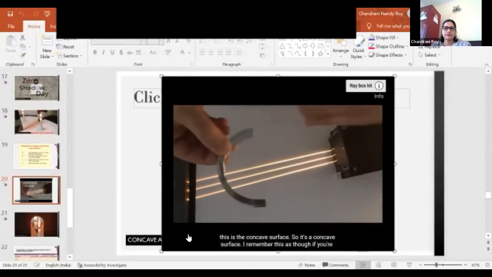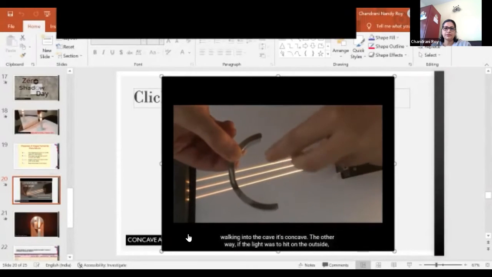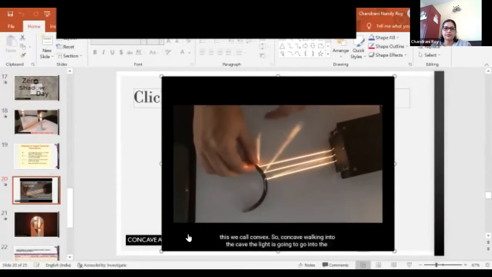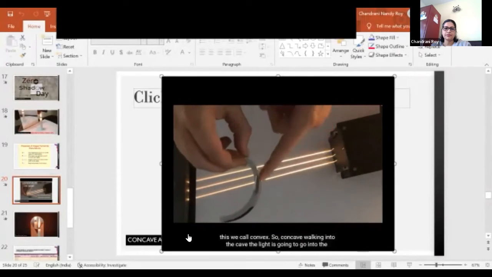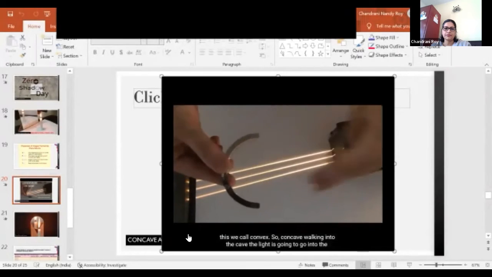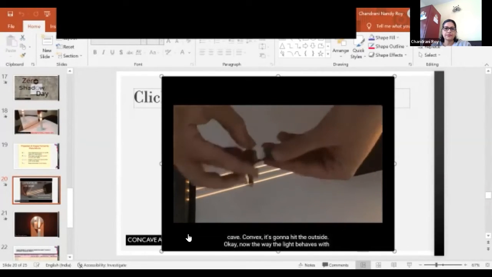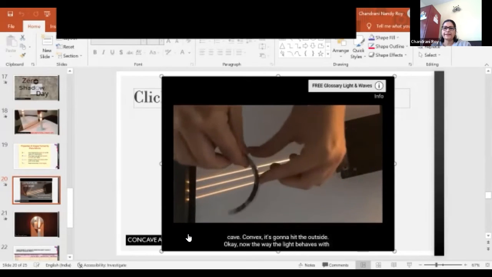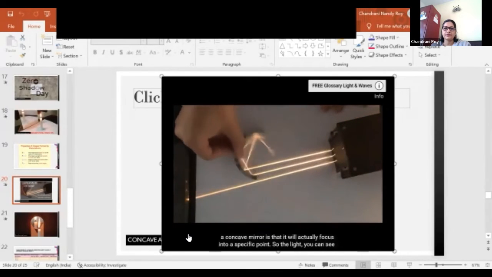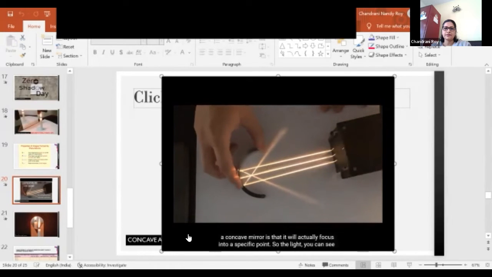I remember this as though, like, if you're walking into the cave, it's concave. The other way, if the light was to hit on the outside, this we call convex. So concave, walking into the cave, the light is going to go into the cave. Convex, it's going to hit the outside. Okay, now the way the light behaves with a concave mirror is that it will actually focus into a specific point.